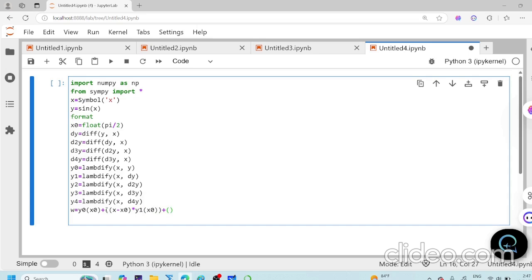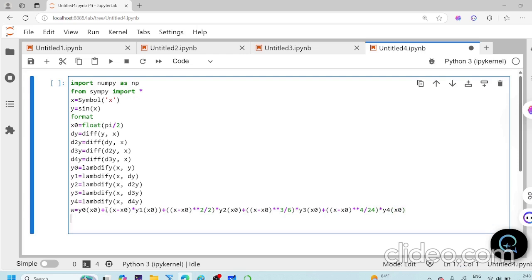Okay. Plus double bracket. x minus x naught whole square divided by 2 factorial, that is 2 star y2 of x naught plus x minus x naught whole cube by 3 factorial, that is 6 into y3 of x naught plus x minus x naught whole over 4 by 4 factorial, that is 24 into y4 of x naught.